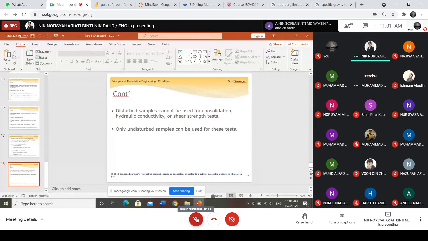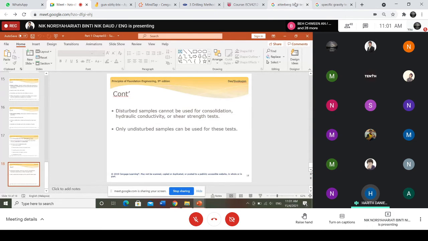We did that lab, only for soil mechanics 2. You carry out the odometer test, a small sample in a ring, isn't it?